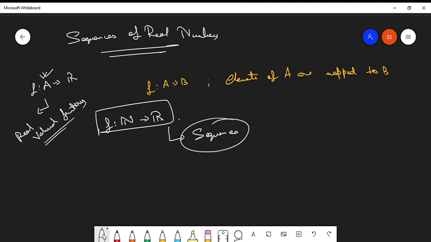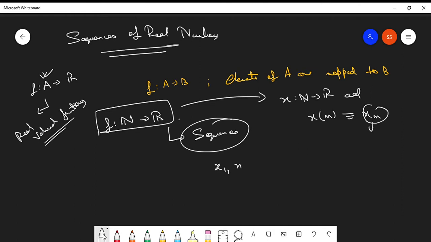Sequences are denoted with x, so x from N to R, and x of n is equivalently written as x subscript n. This is the conventional way of writing a sequence: x1, x2, x3, x4, x5, and so on, arranged without changing the order of the domain.